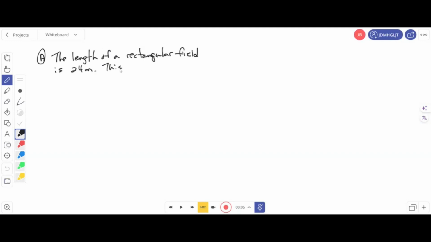This is 3 meters less than twice the width. Find the width.